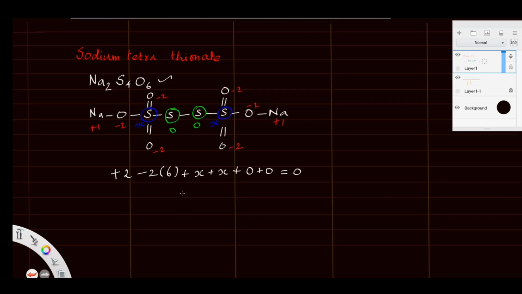On simplifying this, +2 minus 12, which comes from 6 into 2, and plus 2x is equal to 0. This implies -10 plus 2x equal to 0. 2x is equal to +10. We have x is equal to +5.